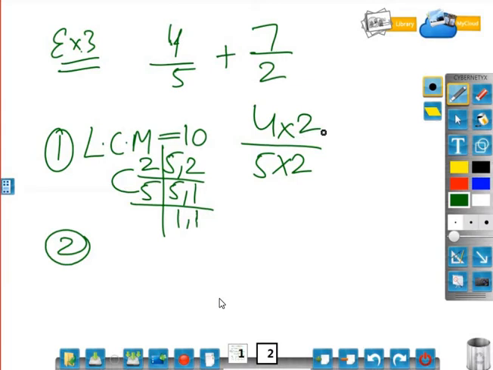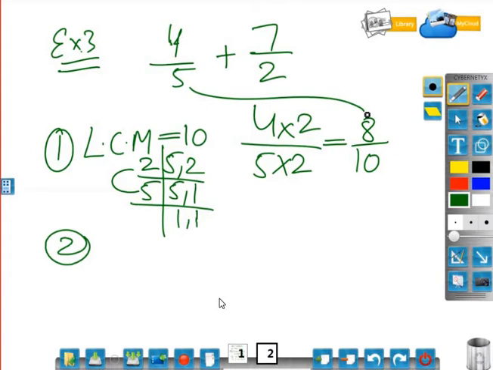If we multiply the numerator and denominator both by the same number, it does not affect the number. So you will get 8 upon 10. If you simplify it, you again get 4 upon 5. So they are equivalent fractions.